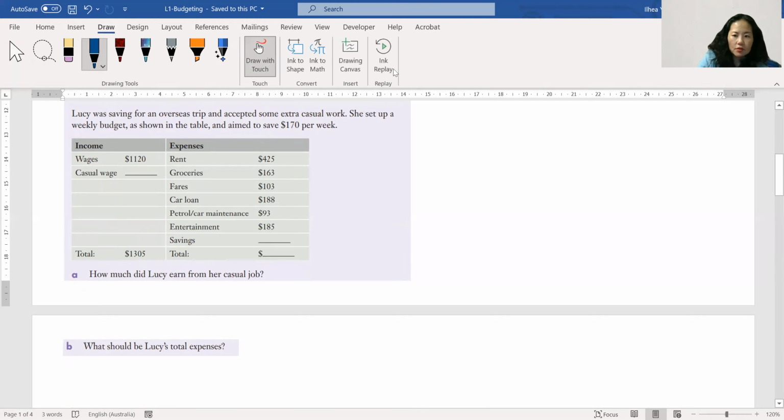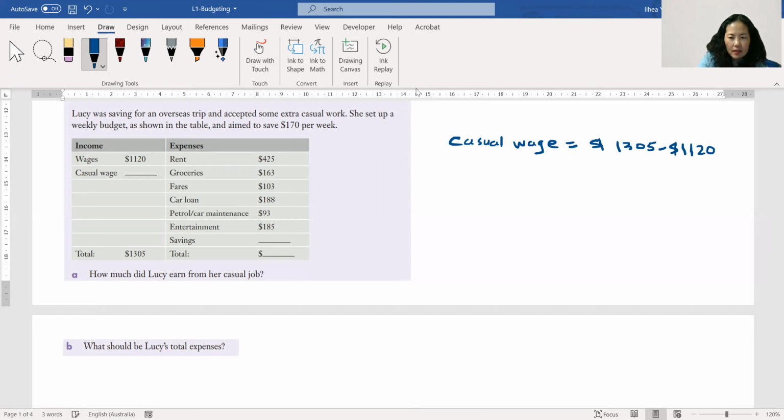Casual wage equals total income, $1,305, take away Lucy's normal wages, 1,120.